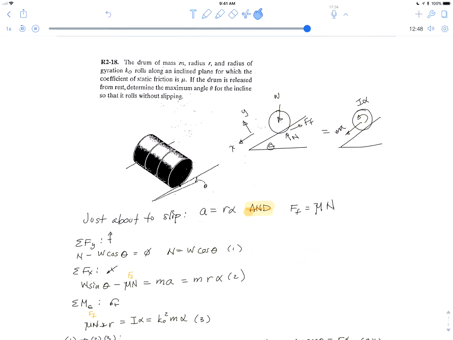And so what that means, if it's just about to slip but it's not slipping, you have a equals R alpha because it's not slipping, and because it's just about to slip, you do have the friction force equal to mu N. So you have both things given, and in this case, you're going to use that information to solve for theta. Usually you're given theta, and one of these two things is true, either it's slipping or not. So this is the perfect theta.